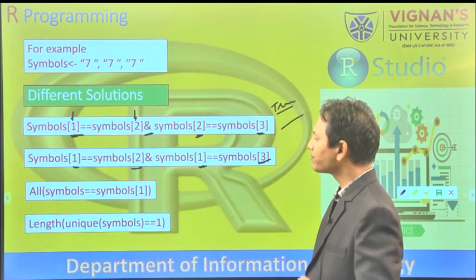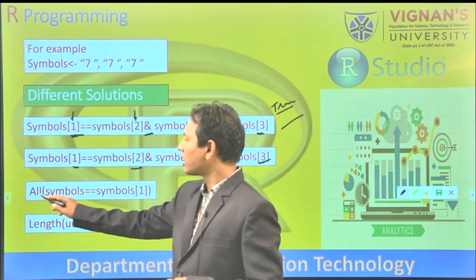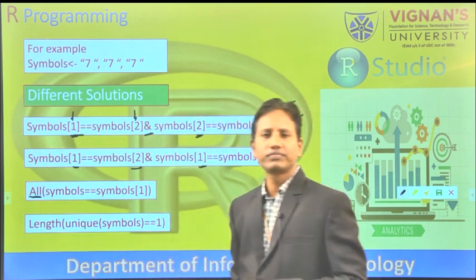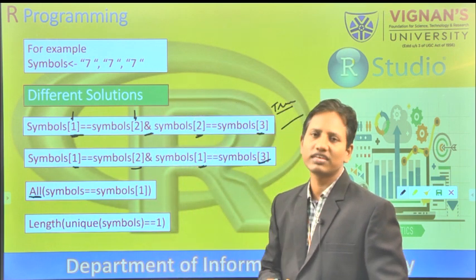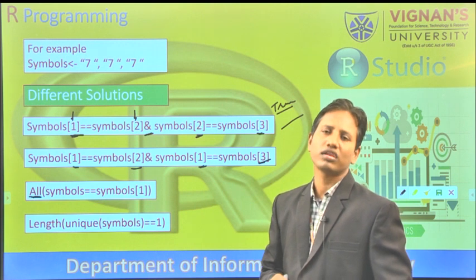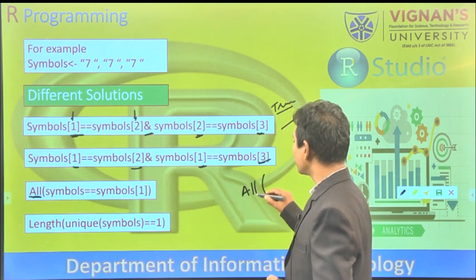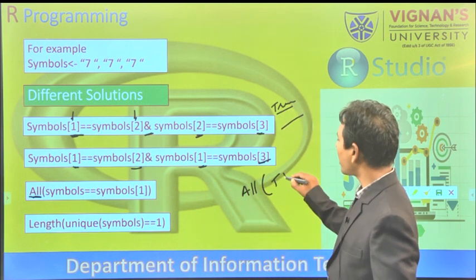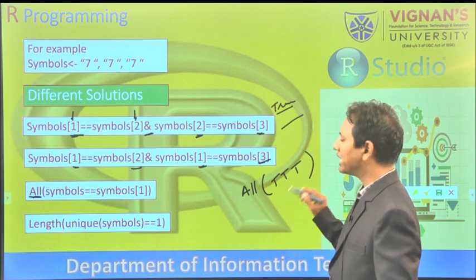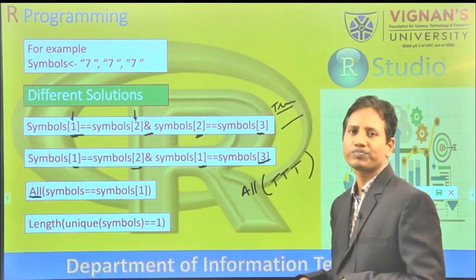Even further, I can go with the all operator, and we have already seen how to use this all Boolean operator. All is used so that only when all conditions are true is it going to return true.